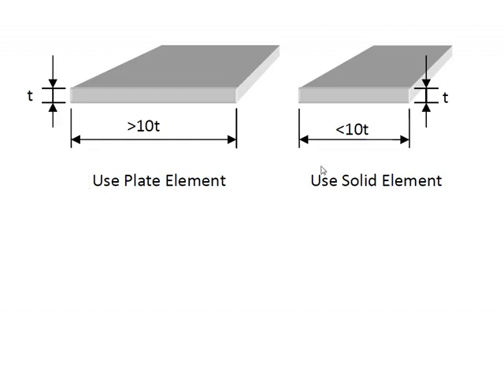If the least lateral dimension to thickness ratio ends up being some value less than 10, then that's a relatively thick, stocky type of structure in which the through thickness effects tend to become significant, and it warrants consideration for using solid type elements for that kind of a structure.